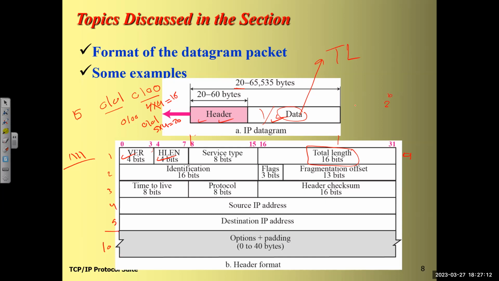And we know the header is between 20 to 60 bytes, right? And I will tell you, for example, there are no options, so you will know there are only 20 bytes. Then I will ask, what is the size of the data only? It's simply 2 to the power 10 minus 20. That's a subtraction. Right? So in the field, we have only 2 fields. We don't need the third field, because if you know 2 fields, you will be able to answer how big the data is.